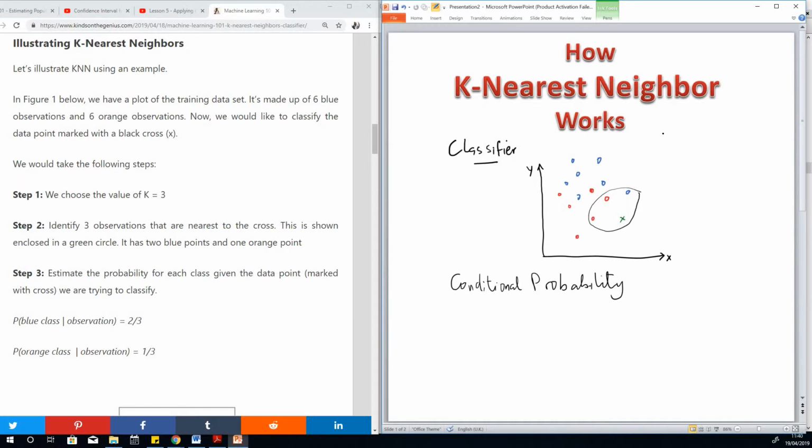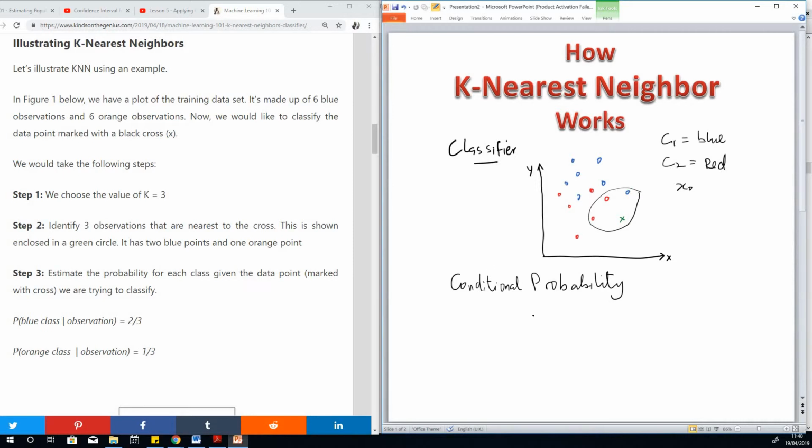Basically, let's represent our classes as C1 is equal to blue and C2 is equal to red. So k-nearest neighbor is going to calculate the probability for this data point, let's call it x0 for convenience. Remember that in this case, we are trying to classify it into either C2 or C1.